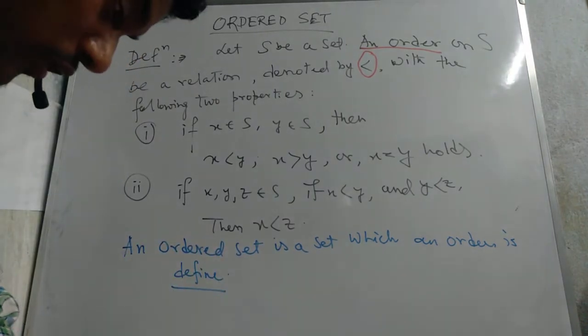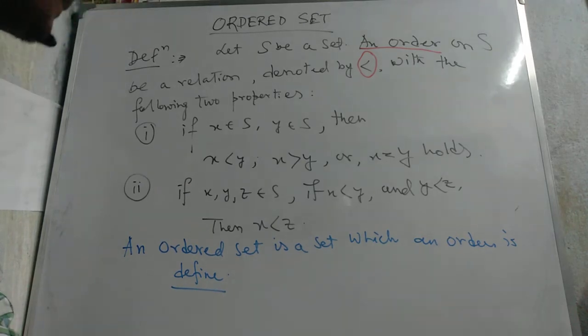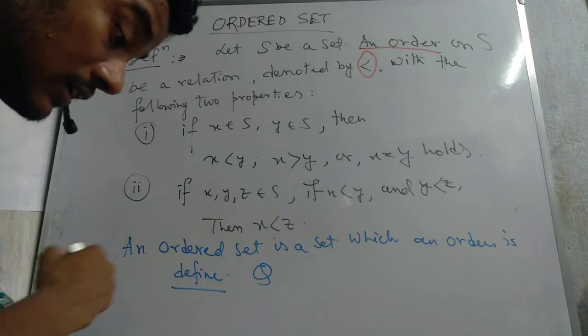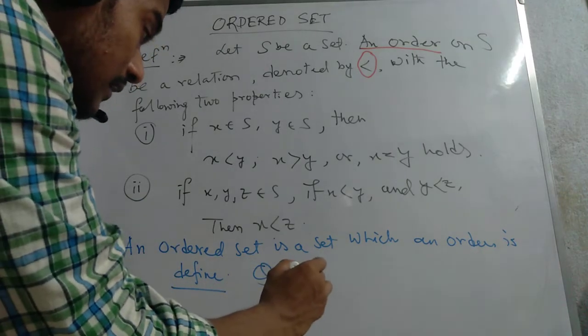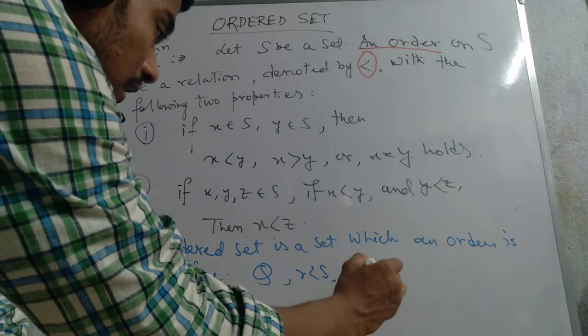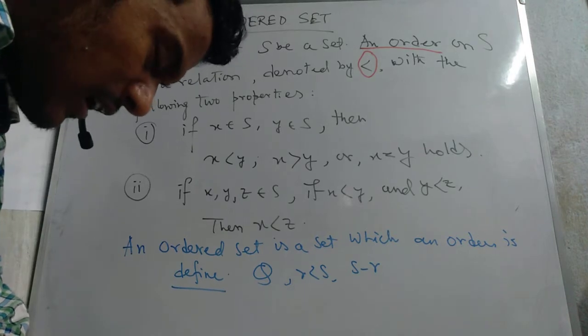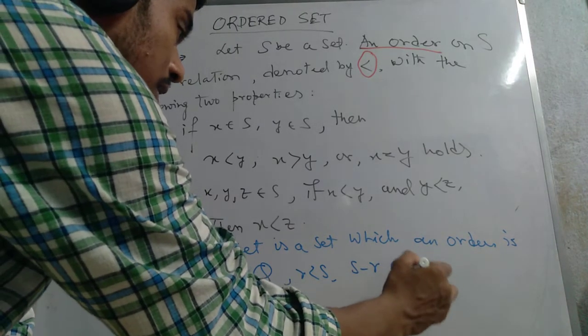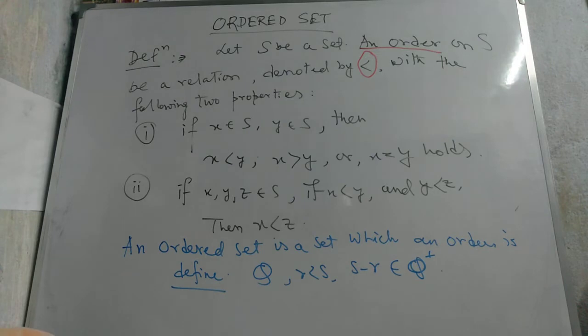Next we're going to another example. That means Q is an ordered set, because if r is less than s, then s minus r belongs to Q plus, the positive rational numbers.